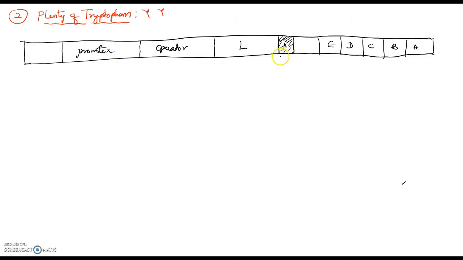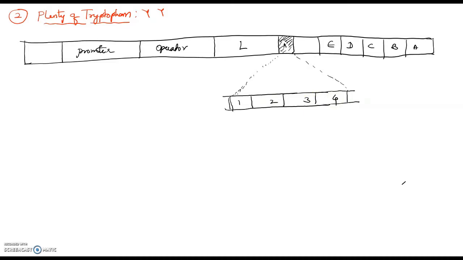Alright, now let us expand this attenuator region. It has 4 different parts: region 1, region 2, region 3, region 4.